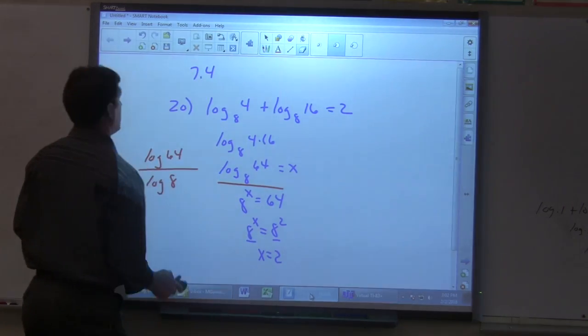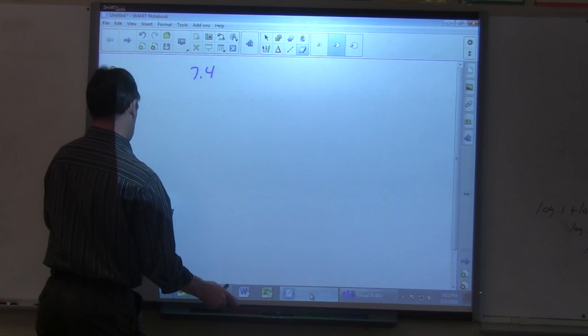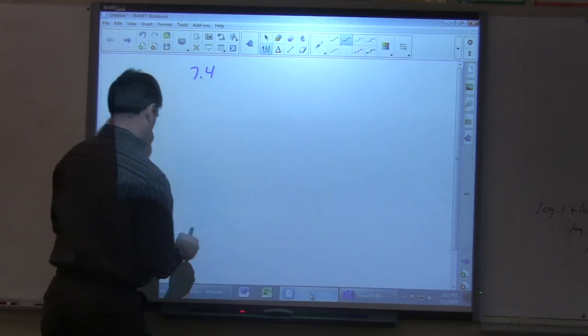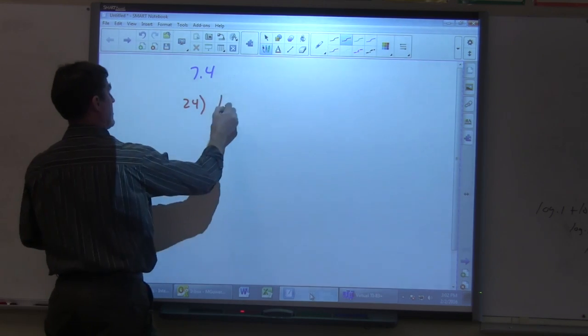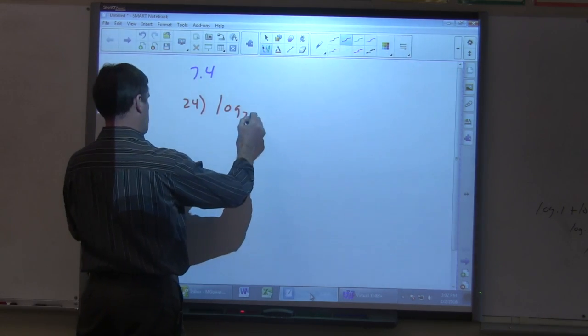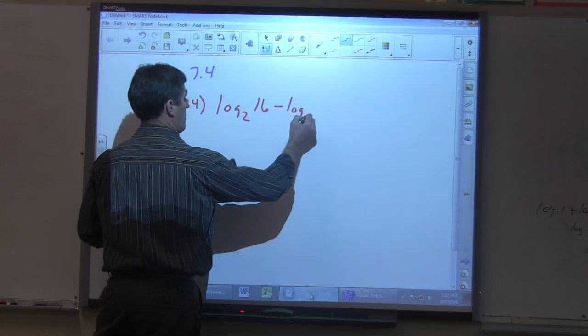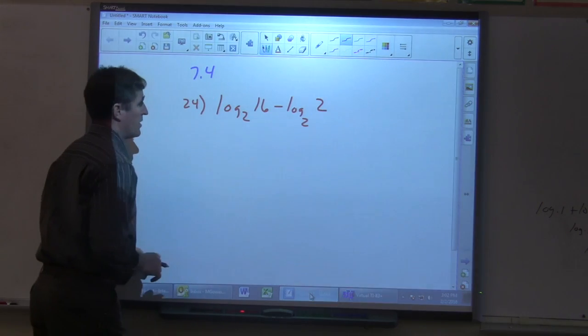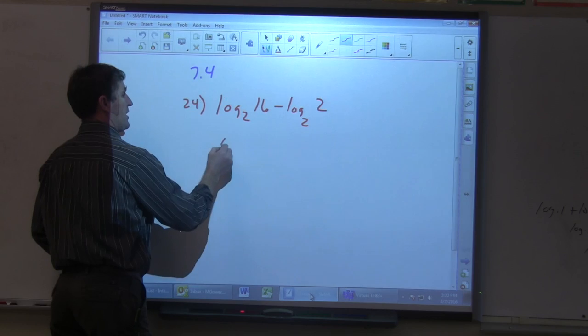Next, let's do 24. 24 says log base 2 of 16 minus log base 2 of 2. Subtraction, remember, can be rewritten as division.